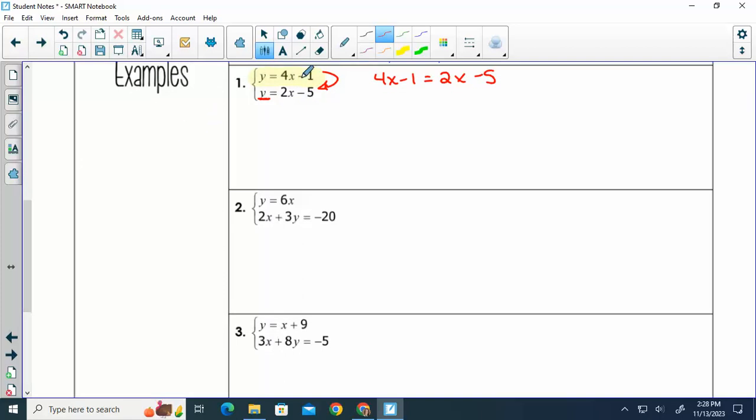So the first equation, I knew what y was. I took that and replaced the y in the second equation. Can we solve this equation? Yeah. So subtract our 2 out. The 1.